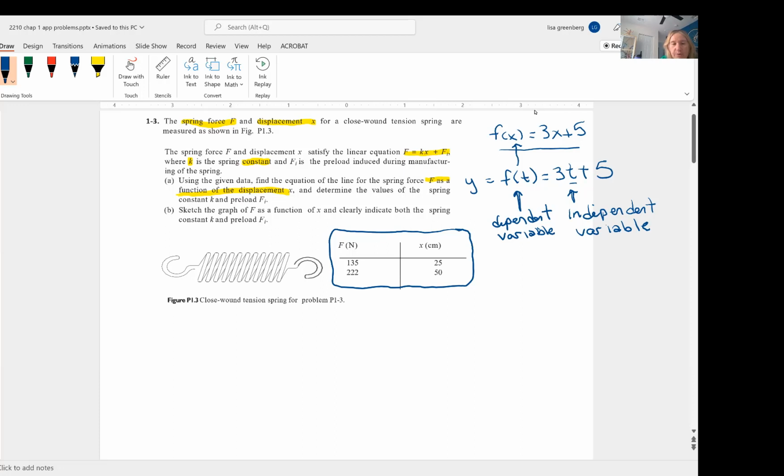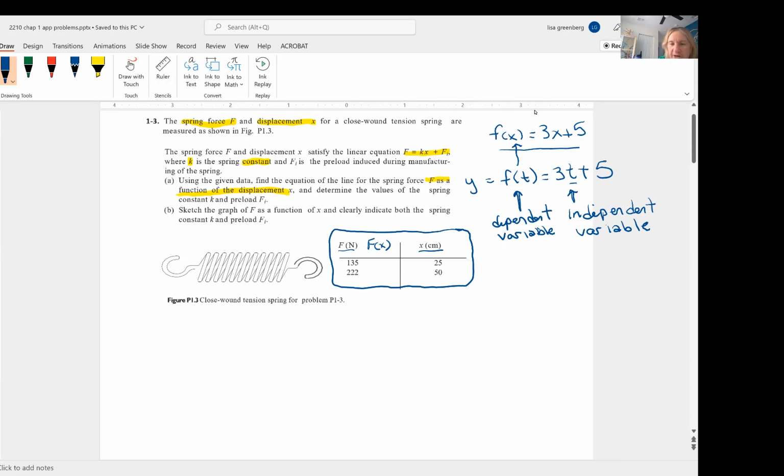Okay, so now we know we have a function that x is the variable that we're using, okay? So here we have it. Here's my x, and this f is really the same as capital F of x, okay?